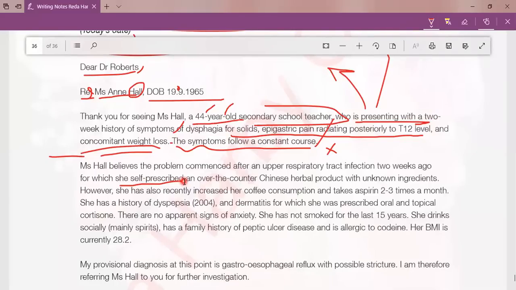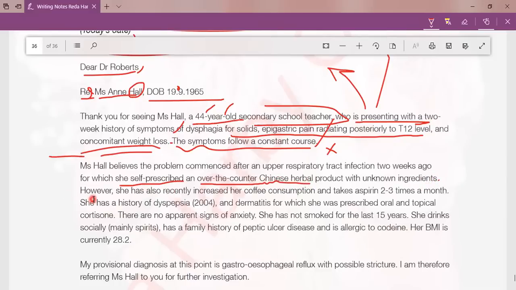But here, for the self, maybe this is the verb because she took this medication by herself, so no problem. She self-prescribed over the counter. Try to analyze abbreviations like OTC into complete words. This is not wrong. Over the counter is a hyphenated, small-lettered compound adjective for the Chinese herbal product with unknown ingredients. Full stop.